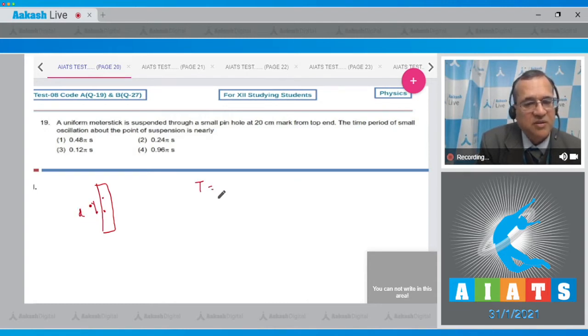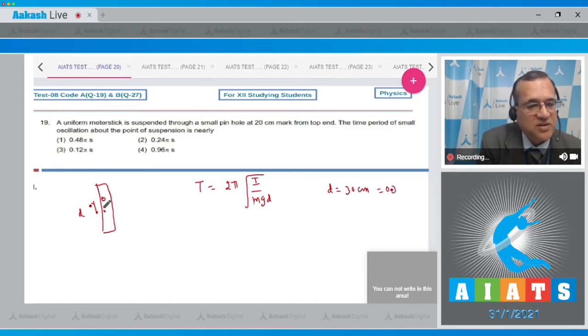Remember the time period is equal to 2 pi root of I divided by m g d, where I is the moment of inertia about the point of suspension, and d is this distance. The d is equal to 30 centimeter, so we will use 0.3 meter.